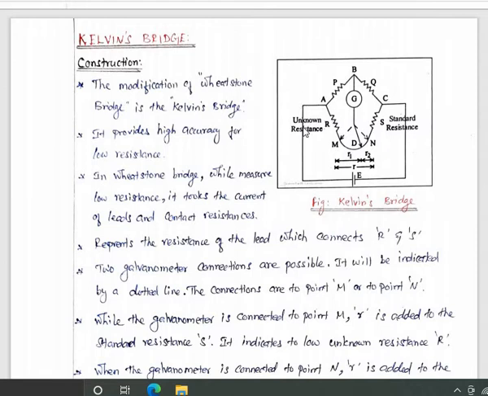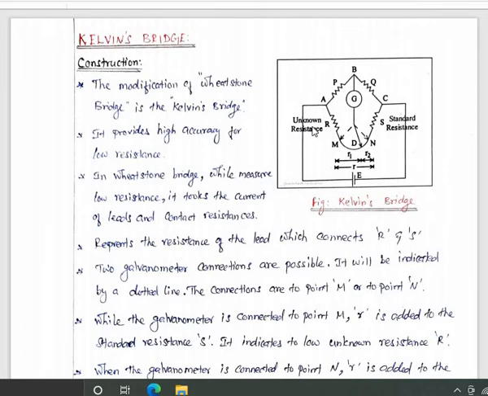And what is the use of the Kelvin bridge? It is used to measure very low resistance. Consider a Wheatstone bridge: it is used to find the value of unknown resistance in the range of kilo ohms.